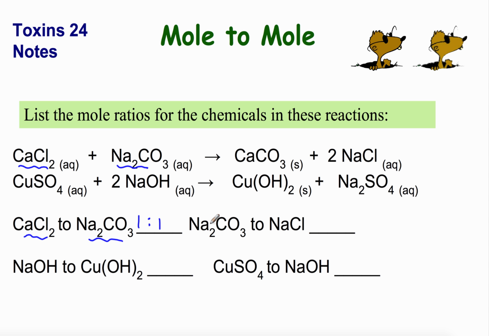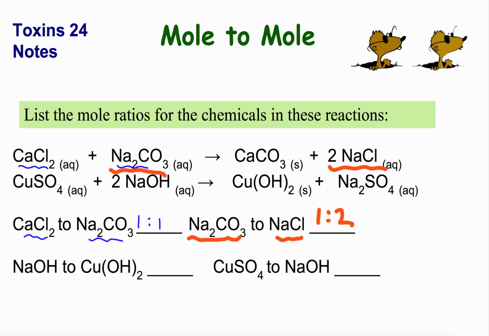Now over here, let's take a look at sodium carbonate and sodium chloride. Sodium carbonate is right here and sodium chloride is right here. So that's a 1 to 2 mole ratio.